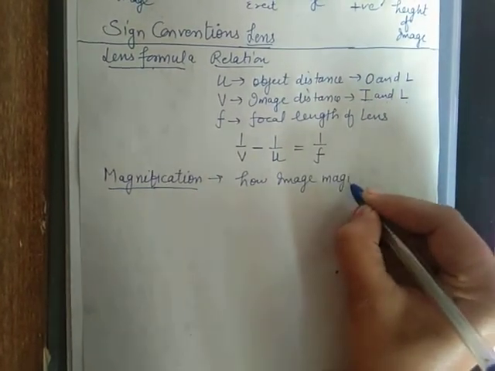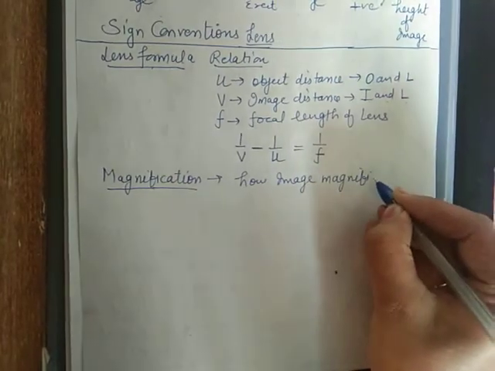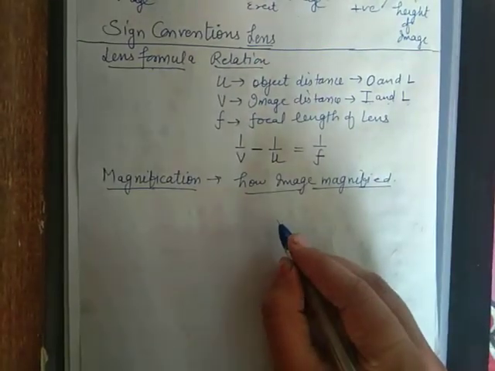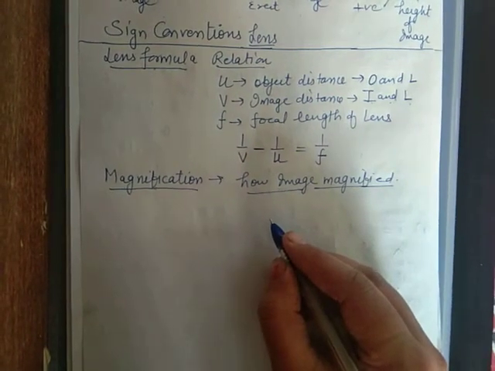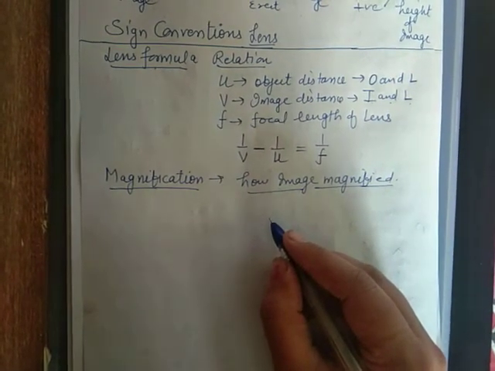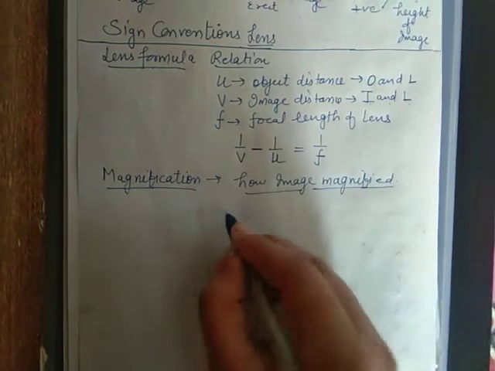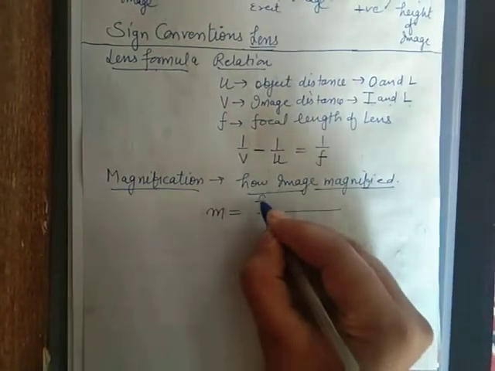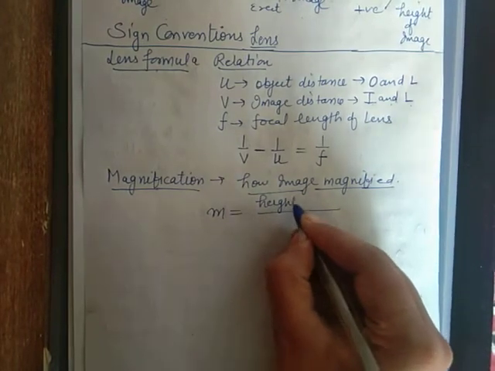It means how much change in size of object has been observed, whether it is increased or decreased or remains same.